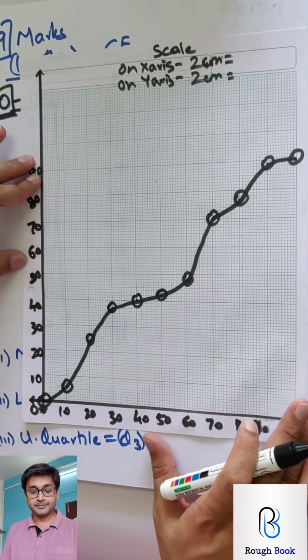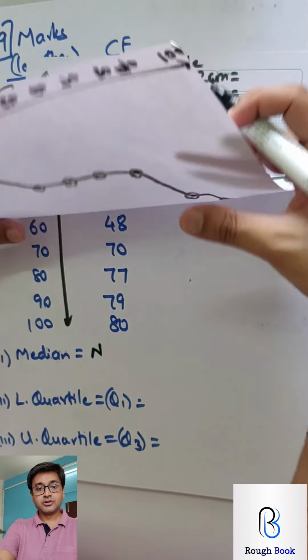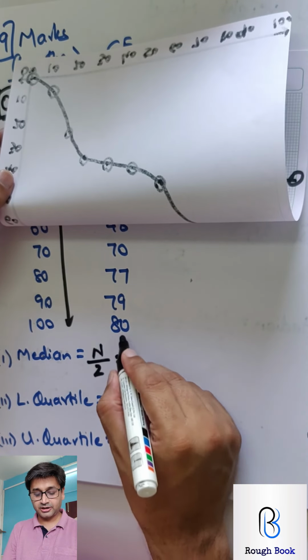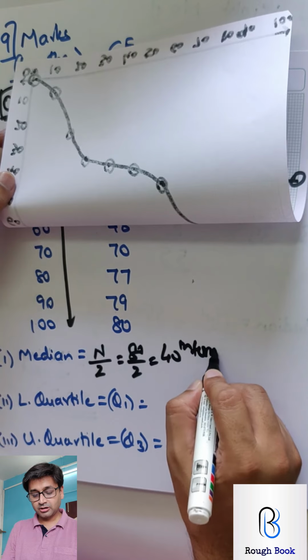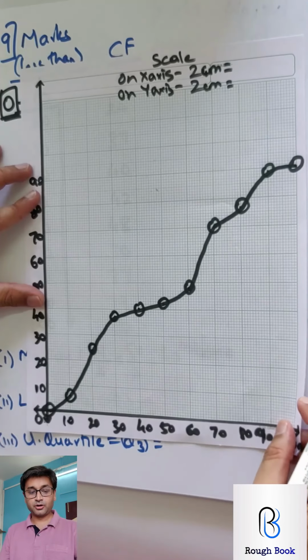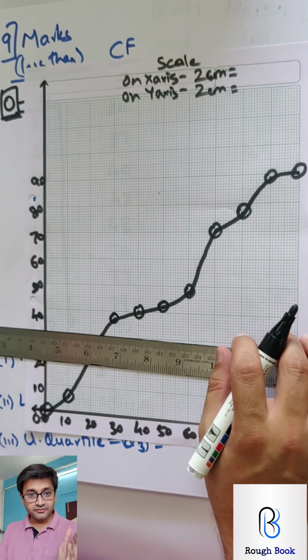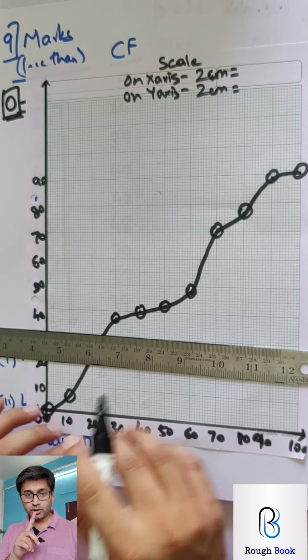Number 1 is median. So we'll have to first calculate over here, even number of terms. So n by 2. Since it is even number of terms, n by 2, so 80 by 2, 40th term. So what will be my 40th term? Let's plot that over here. So 40th term on 40. Everything from y-axis begin. Don't begin from x. 40 is here also. Don't get confused.